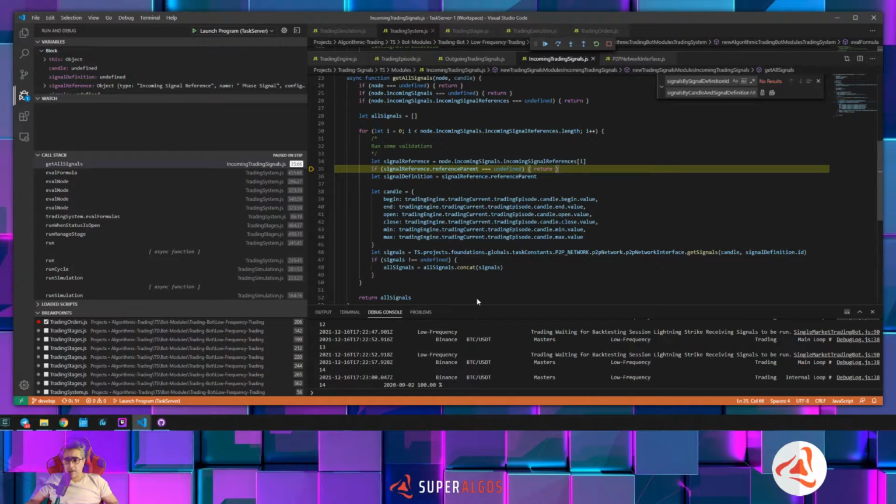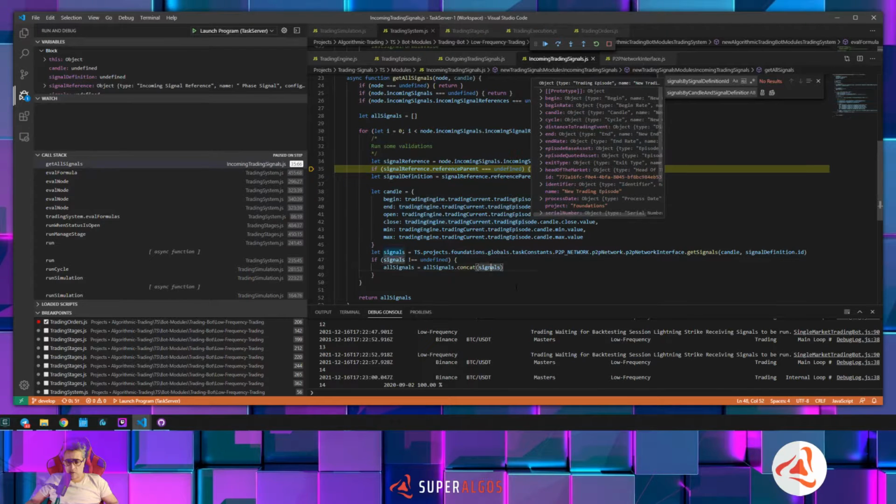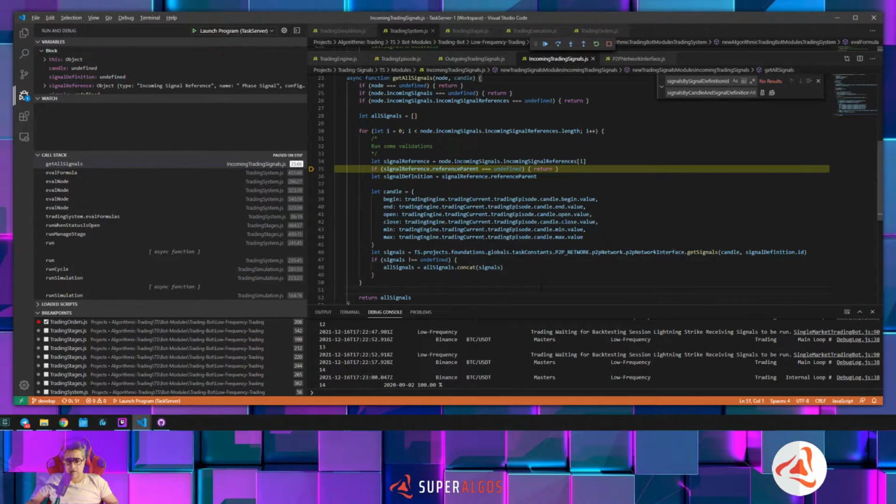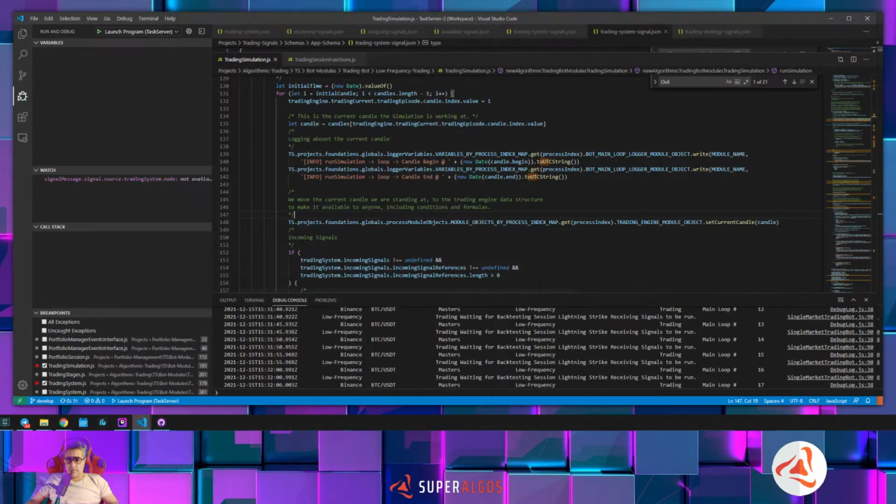It looks like it's not in the list of nodes that are sent to the task server. If it is undefined, most likely that's the problem. So where do we have that list?